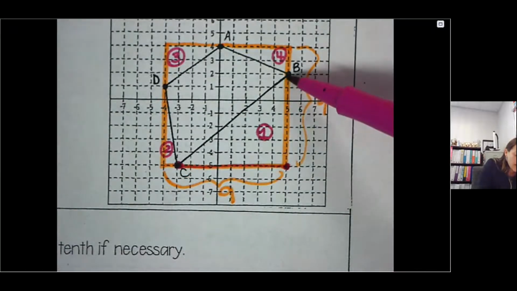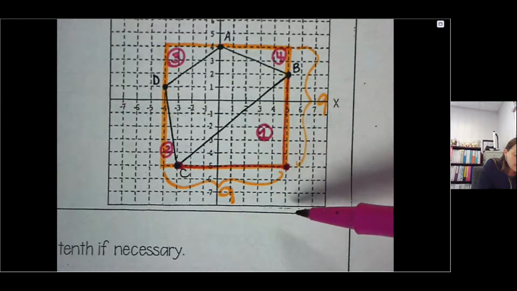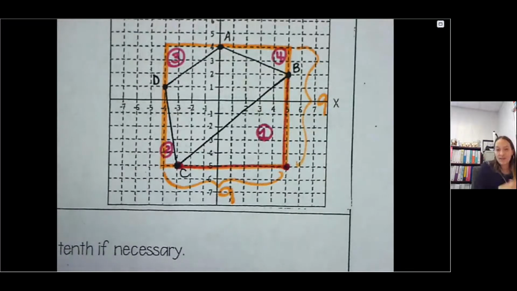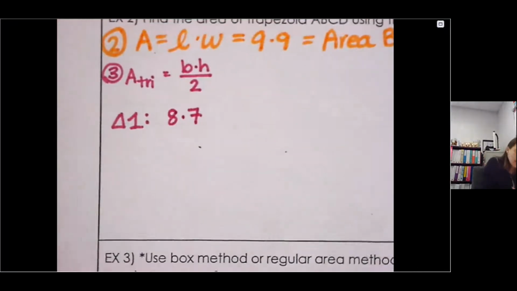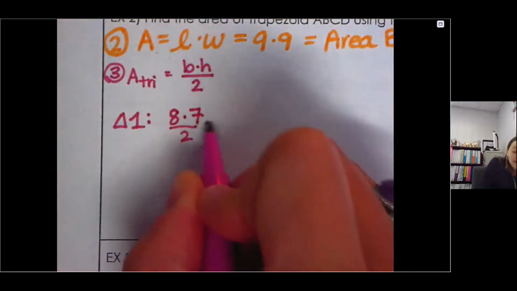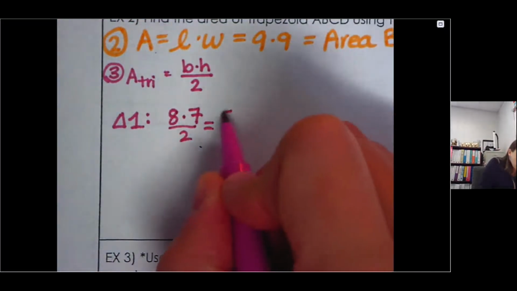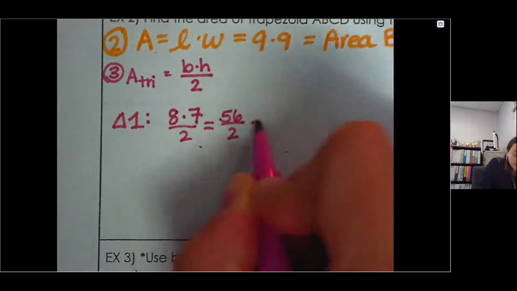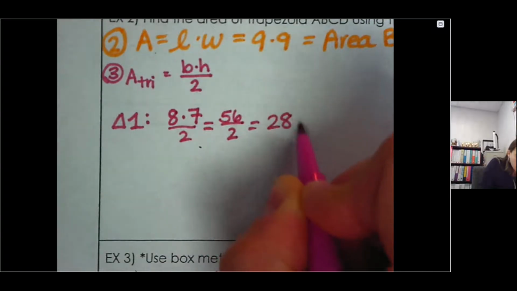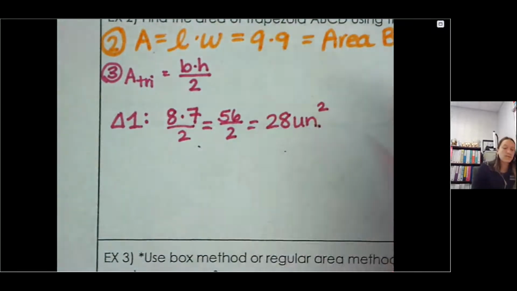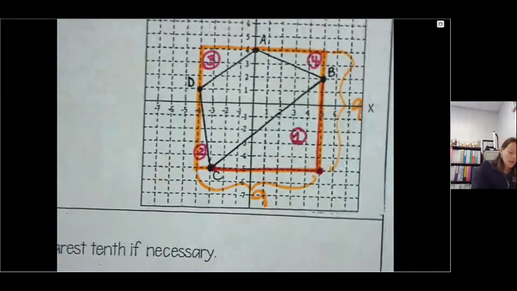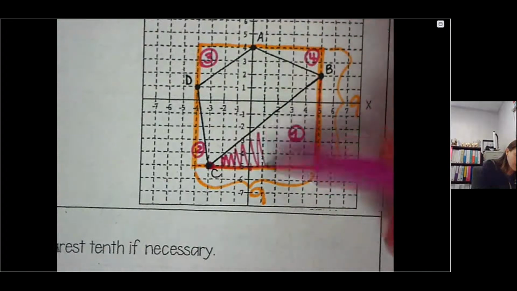And then my height is worth 7. So base 8 times height 7, and then I divide by 2. So 8 times 7 gives me 56, and half of 56 is 28 units squared. So I have now figured out the area of this triangle right here, triangle 1.